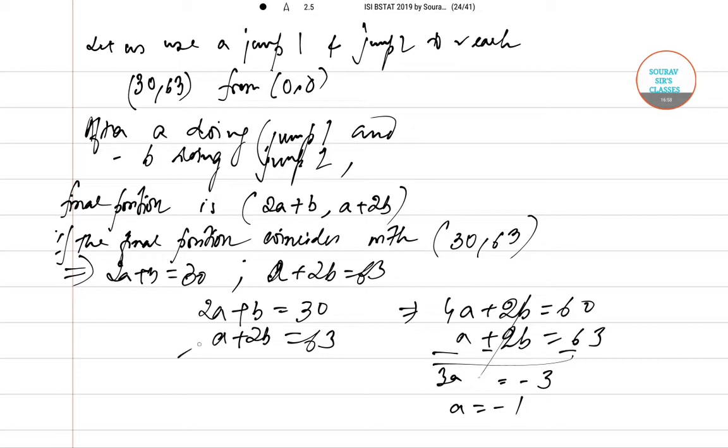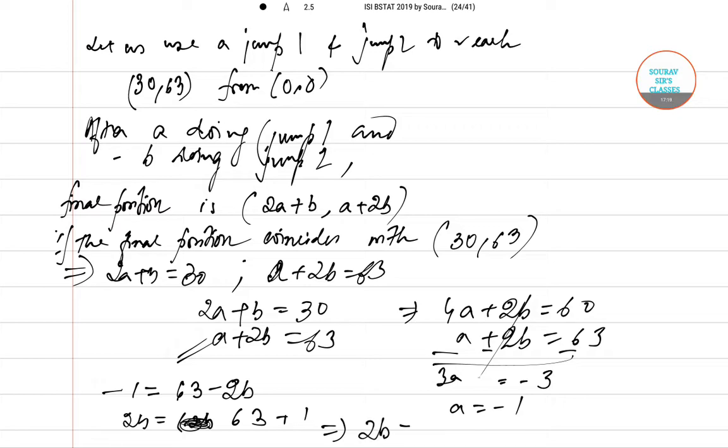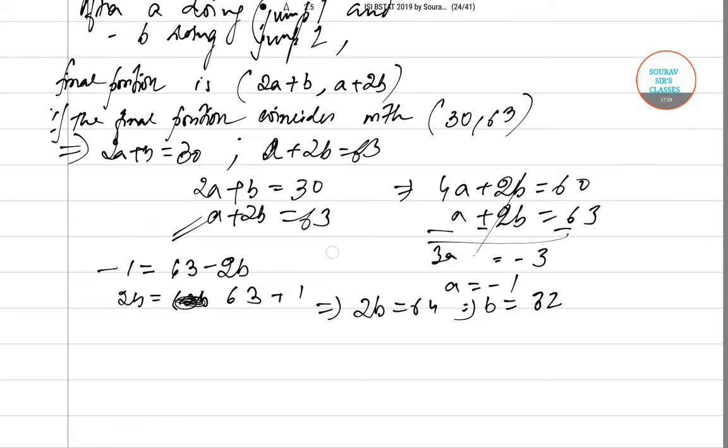Now putting this A value, that is minus 1 equal to 63 minus 2B, so 2B is coming to be 63 plus 1, that is 2B equal to 64, therefore B equal to 32. So A equal to minus 1 and B equal to 32.